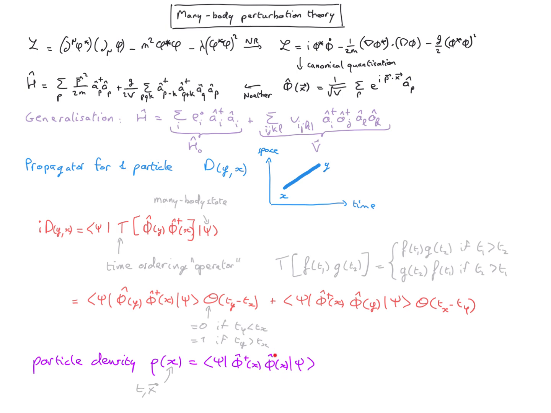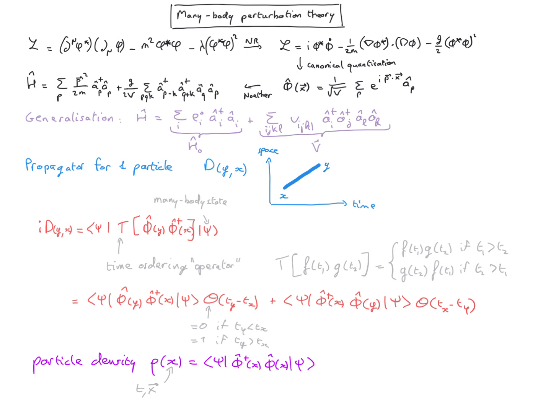Indeed, we first annihilate a particle in x if it is there, and then we recreate it. So if a particle is in x, that will return 1. In general, applying that to a many-body state will return the amplitude of probability for the particle to be in x. And therefore, the expectation value of this operator gives us the particle density rho of x.